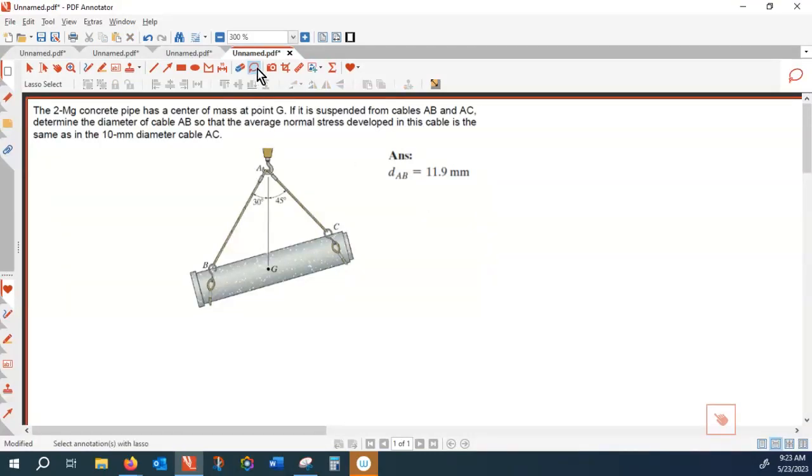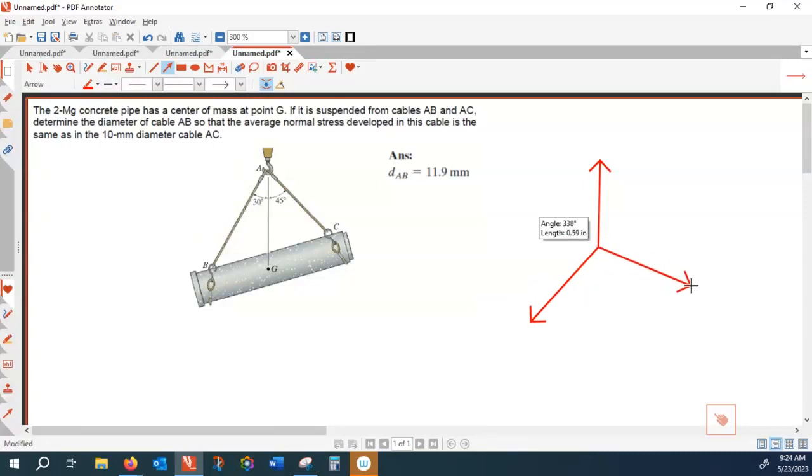Therefore, in the second step, if my envelope is just around here, I have to cut through the cable. And then my free body diagram becomes like this one. mg upward, FAB, and this one is FAC.